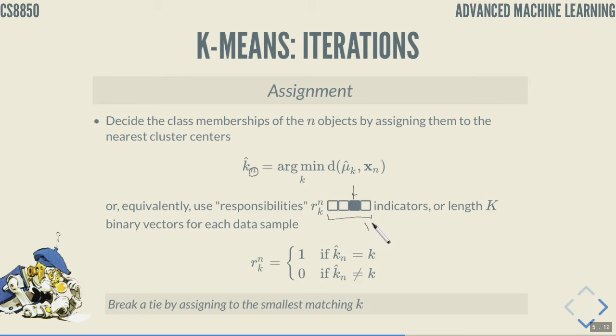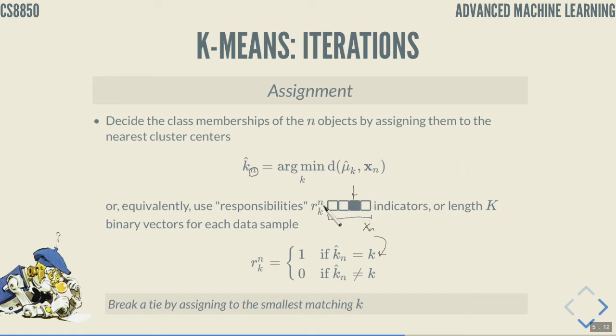If our point in question, x sub n, is assigned to or belongs to cluster k, then that element is non-zero. These are responsibilities of clusters; remember the Gaussian mixture model, responsibility for generating that point. In hard k-means, those responsibilities are binary and hard. Only one of the clusters is responsible for this point, or equivalently, the point is assigned to a single cluster at a time.